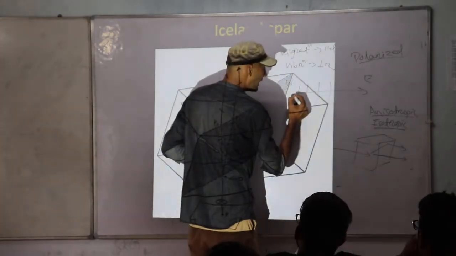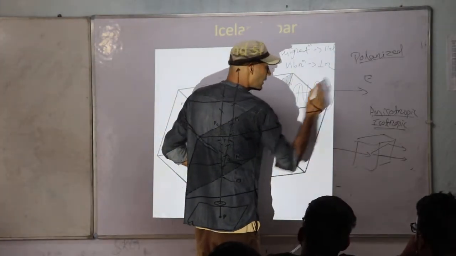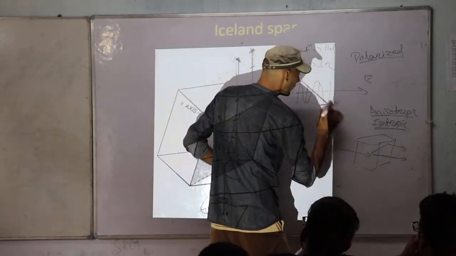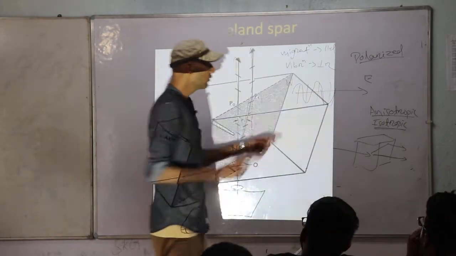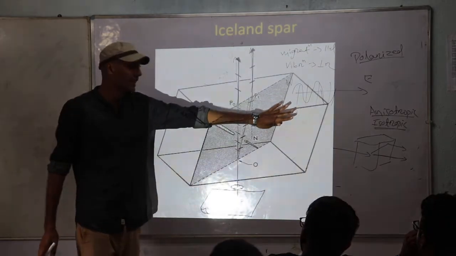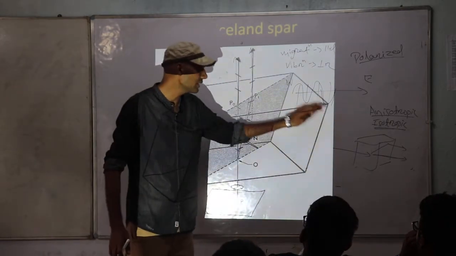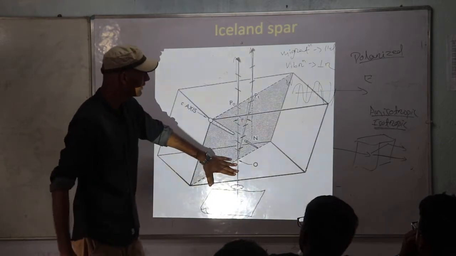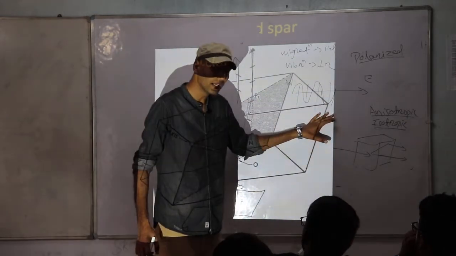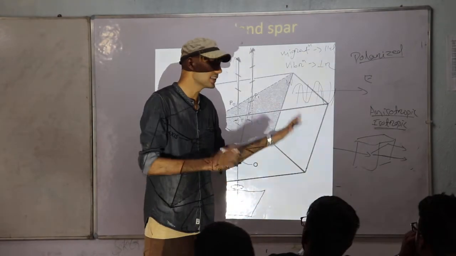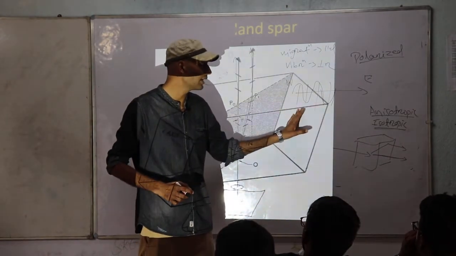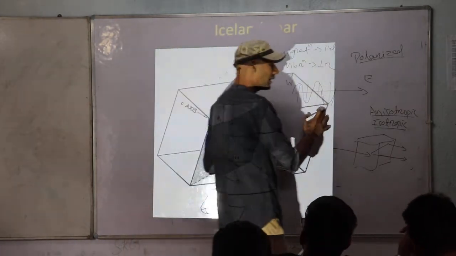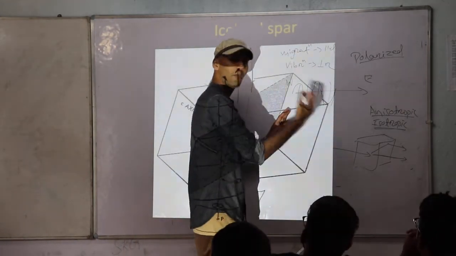So we are denoting the light ray vibration as a sine curve, all of equal amplitude. That is the light vibration, and that is in many directions. Whenever a light ray enters a mineral, the mineral has some specific property to allow only a single vibration. Before entering any mineral, the light has many vibrations.